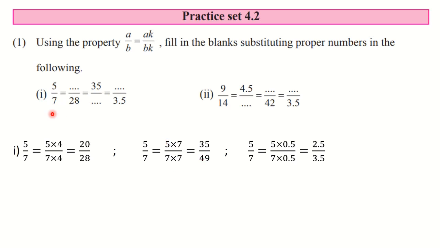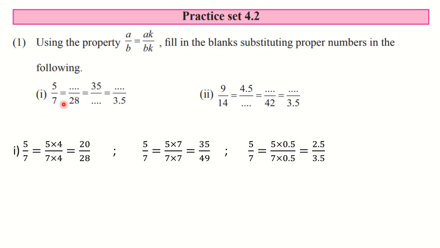Then first and the last. See, here you have 3.5. You know that 7 5s are 35. But here the point is there. So 7 here we are multiplying by 0.5. So if we are multiplying 7 by 0.5, we have to multiply 5 also by 0.5. So the answer will be 2.5 and 3.5.